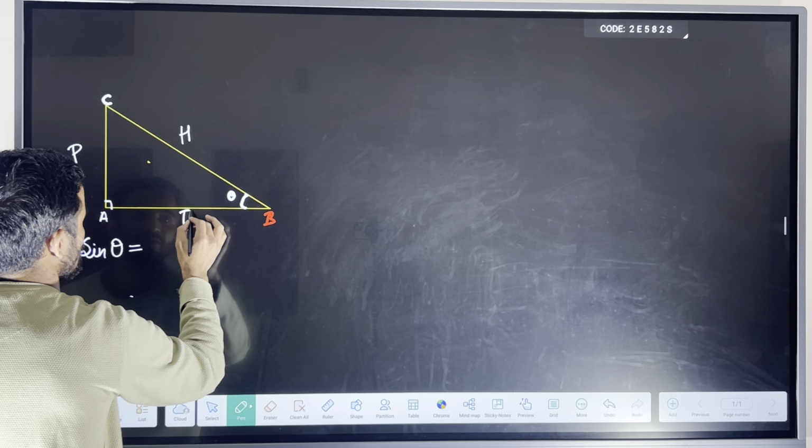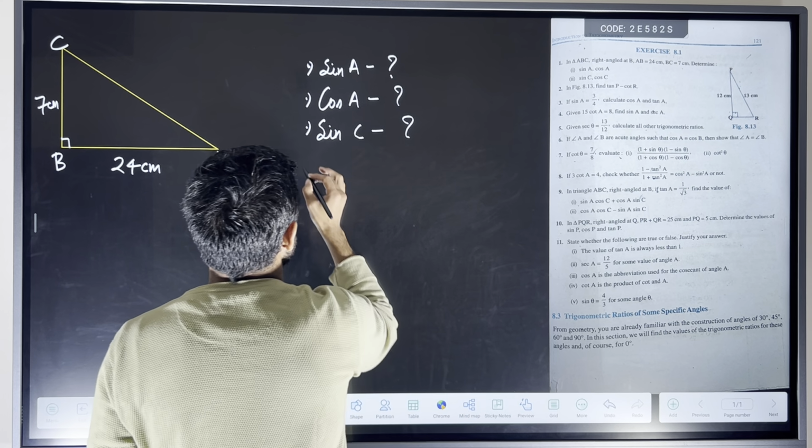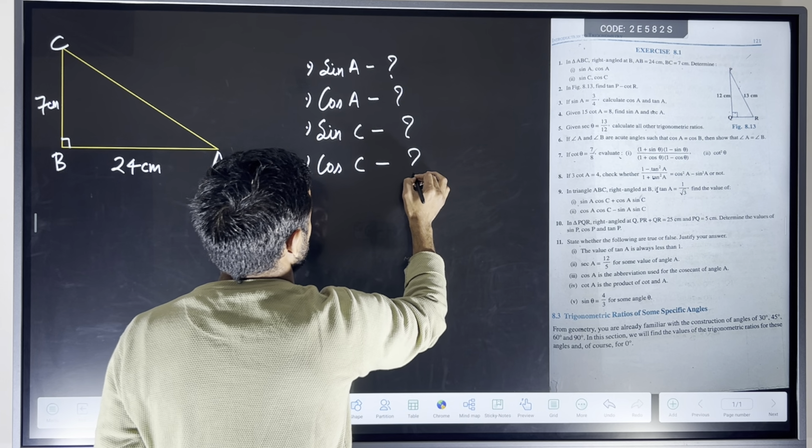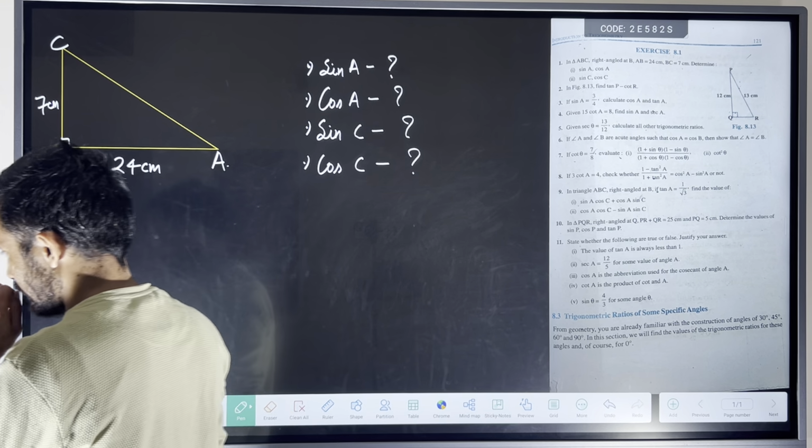Okay, so we have to find sine of angle A, cos of angle A, sine of angle C, and the fourth one is cos of angle C. So how to find this?